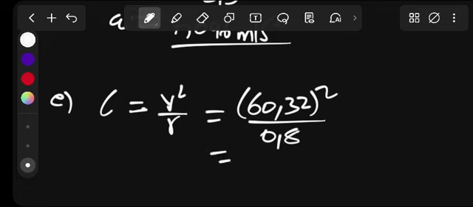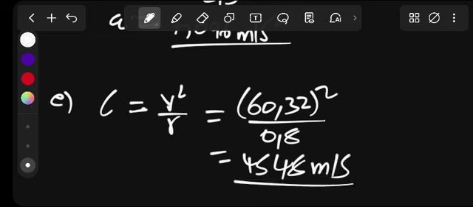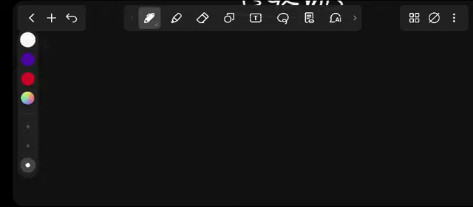This will be 4548 meters per second squared. Centripetal acceleration.